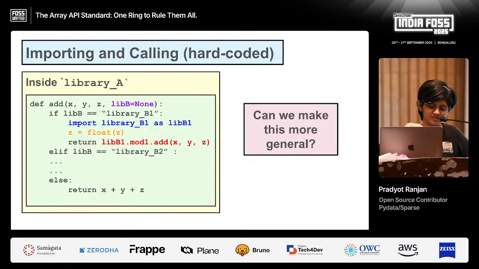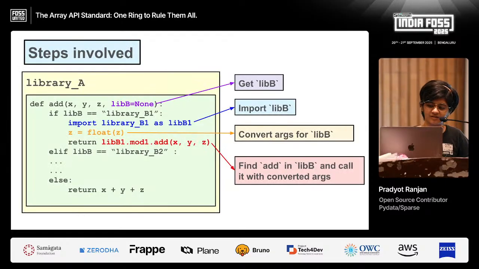You can see there are a few steps that are getting repeated again and again. You get the library name, then you import it, and then you convert the argument, like maybe library b1 only takes z when it's float type, and then you find that add function inside library b1 and call it.